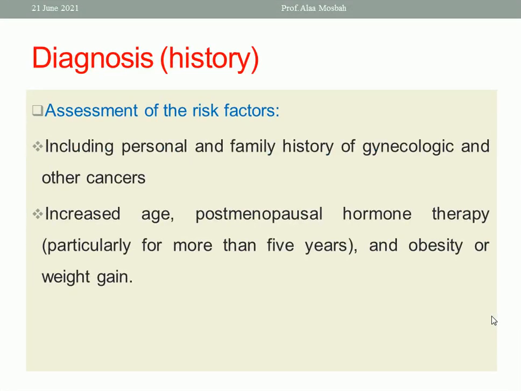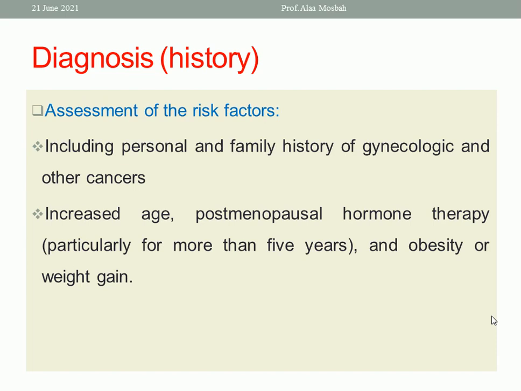Assessment of the risk factors: you should ask about the personal and the family history, any affection in any member of the family with ovarian cancer or breast cancer, or the patient herself, any previous cancer in the breast.